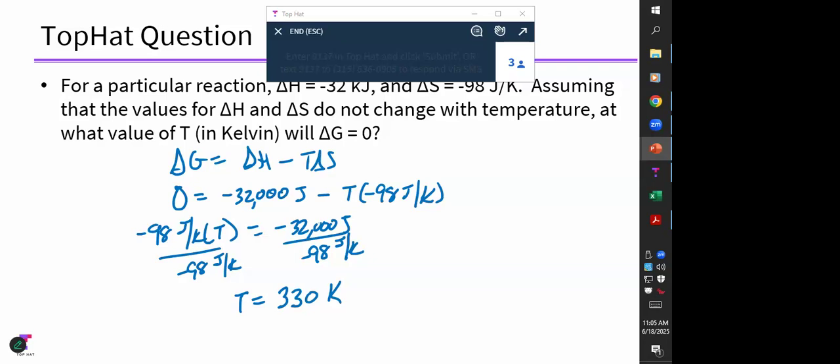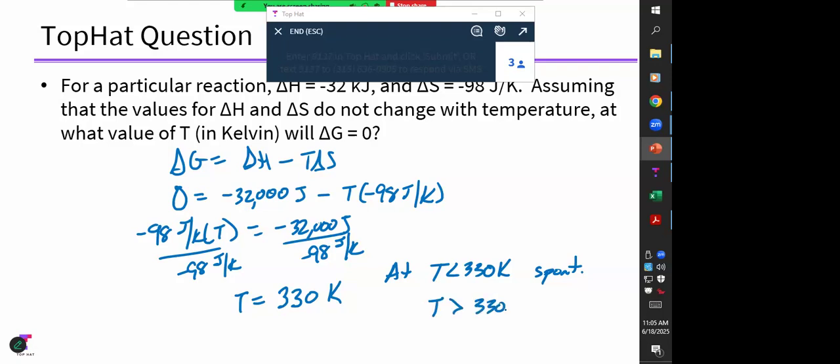In terms of interpretation, this is a scenario 4 in that table. So when T is less than 330 Kelvin, we would expect it to be spontaneous. When T is greater than 330 Kelvin, we would expect it to be non-spontaneous.